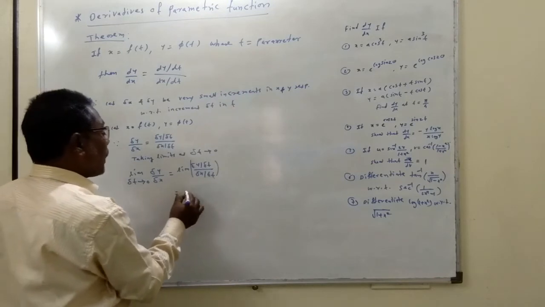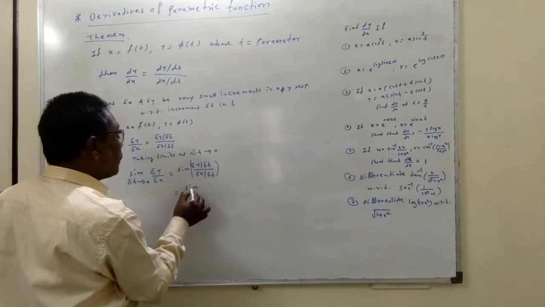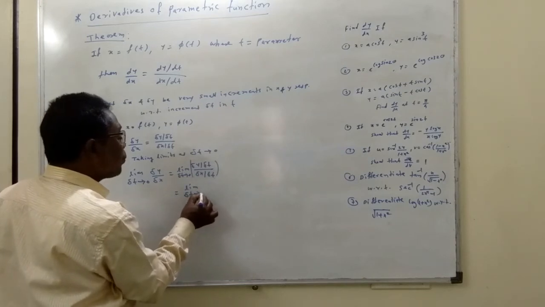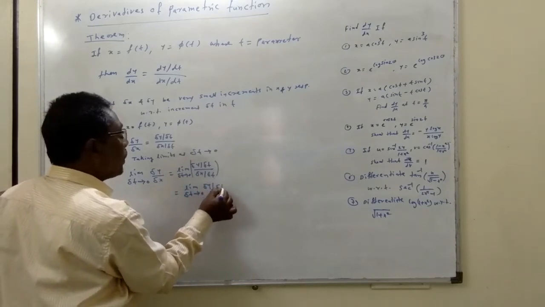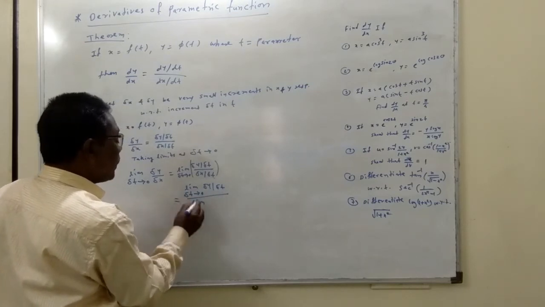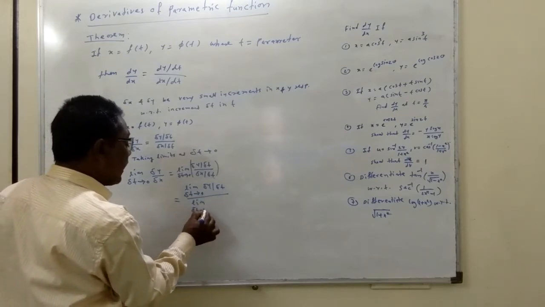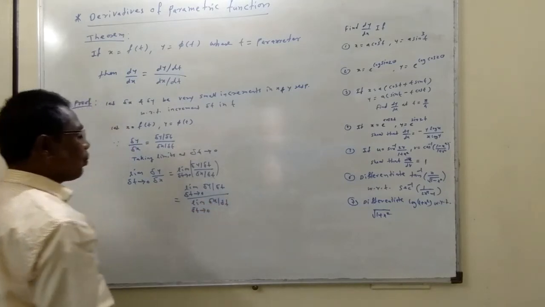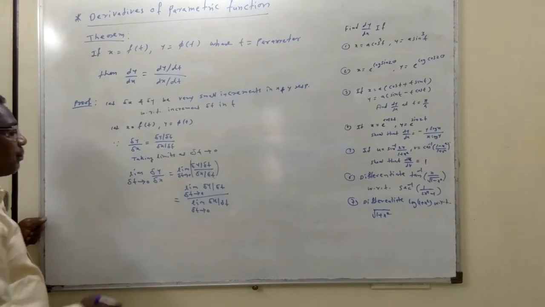That is equal to limit delta t tends to 0 of delta y upon delta t divided by limit delta t tends to 0 of delta x upon delta t. That is the theorem on the limit of a quotient of functions.